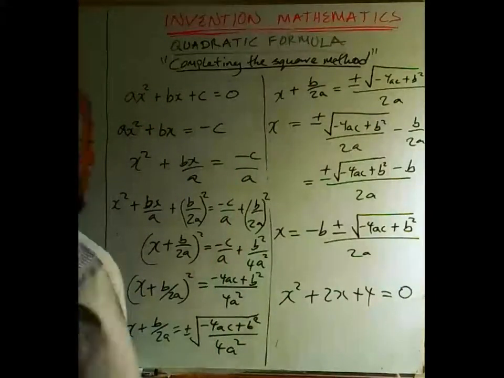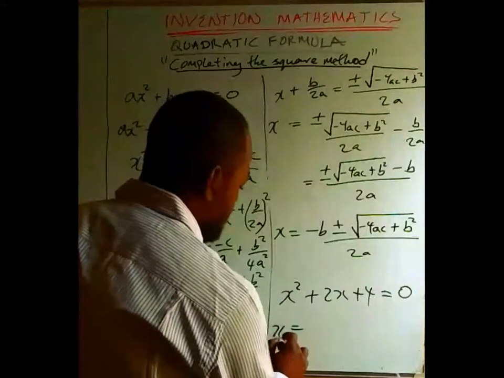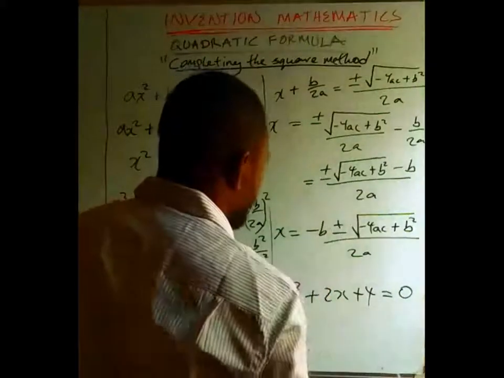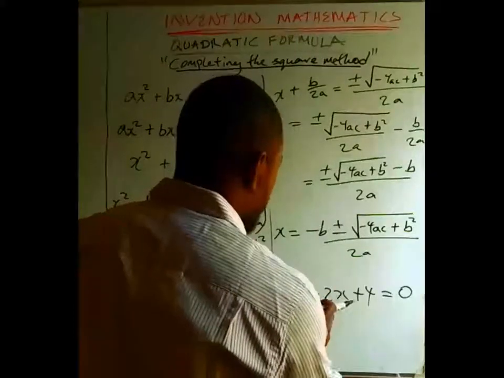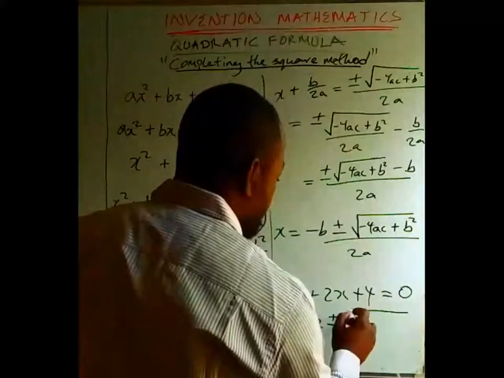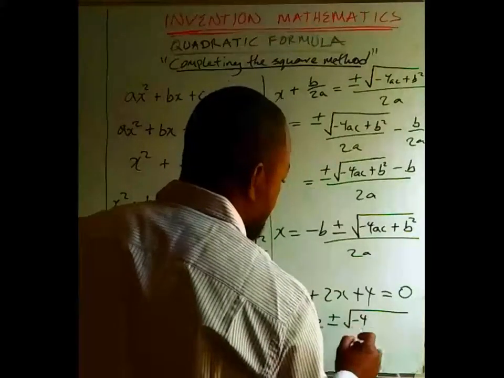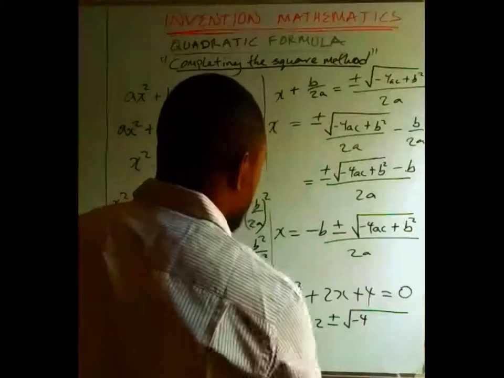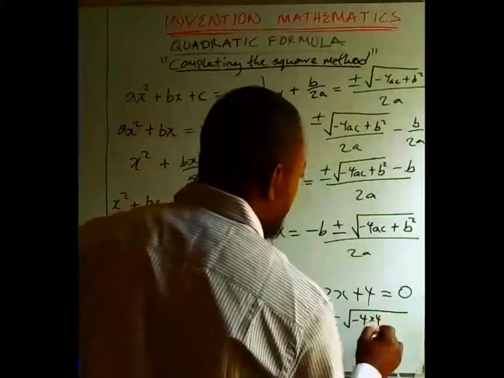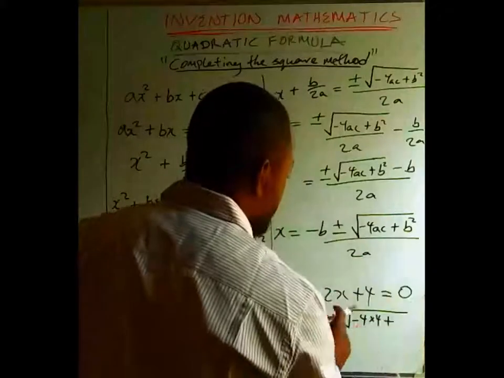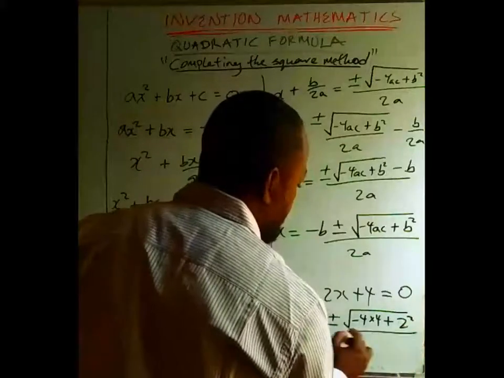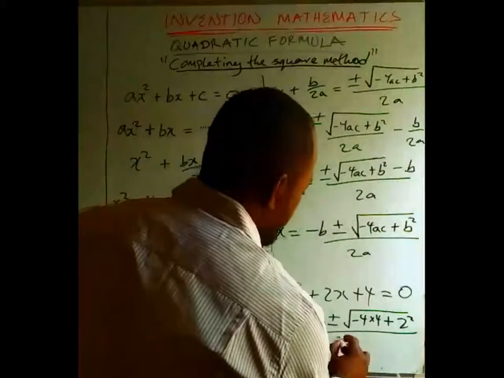Solve using the quadratic formula. x is equal to minus b, the coefficient of the middle term, so minus 2, plus or minus the square root of minus 4, with a as 1 and c as 4, so 4 times 1 times 4, plus b squared, 2 squared, all over 2 times 1.